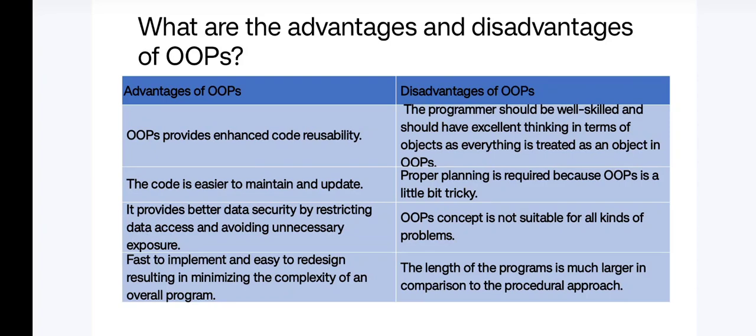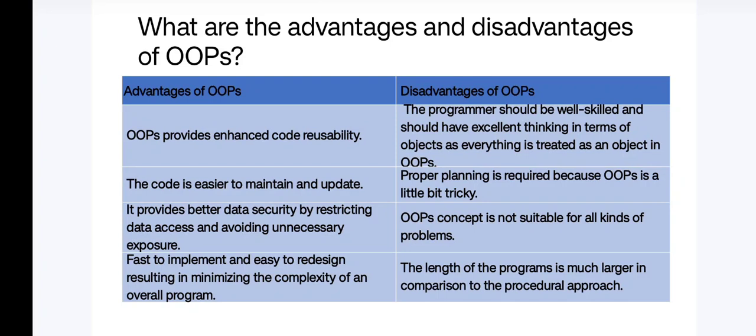Okay, so the last disadvantage of OOPS that we're going to see today is that the length of the program is much larger in comparison to the procedural approach. As I already said, if you are making an OOPS-incorporated application and it's not required, then please do not use it. As we saw in the third disadvantage, it's not suitable for all kinds of problems. The reason is that the length of the program is much larger.